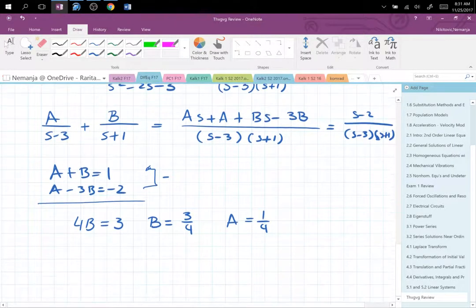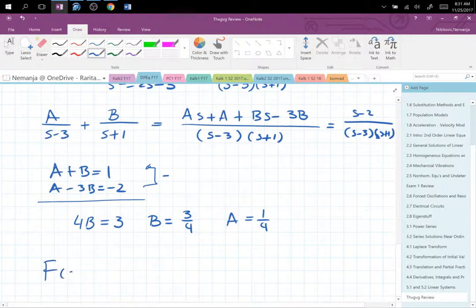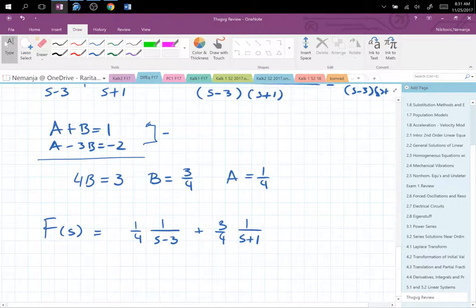So now my F of s is given as 1/4 times 1 over s minus 3 plus 3/4 times 1 over s plus 1. We hit both sides with the inverse Laplace.